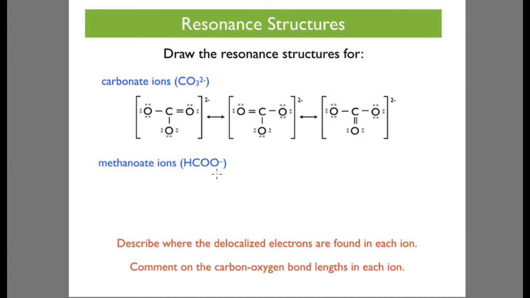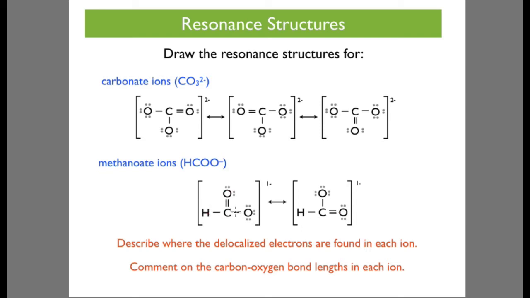Okay. So you can see here, for the carbonate, the double bond here, here, and here. For the methanoate ions, we have the double bond between the carbon and one oxygen and the carbon and the other oxygen. Obviously not between the carbon and the hydrogen, because hydrogen cannot hold that many electrons. So the delocalized electrons are found where?